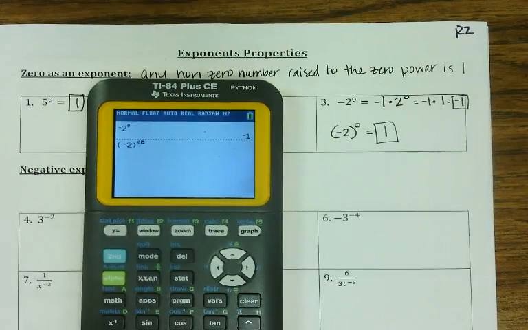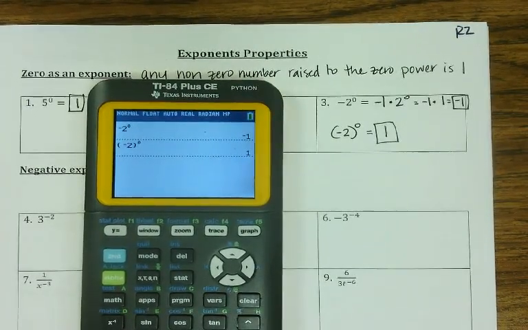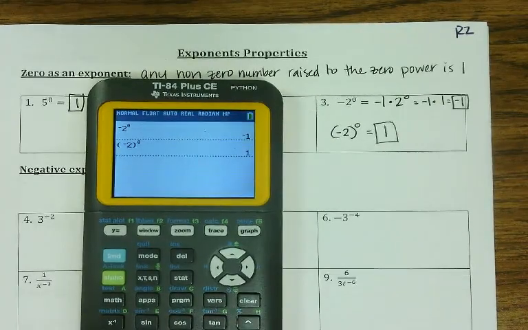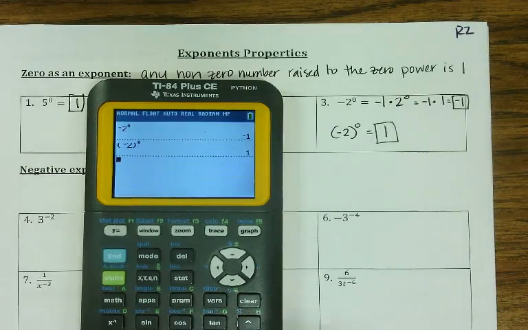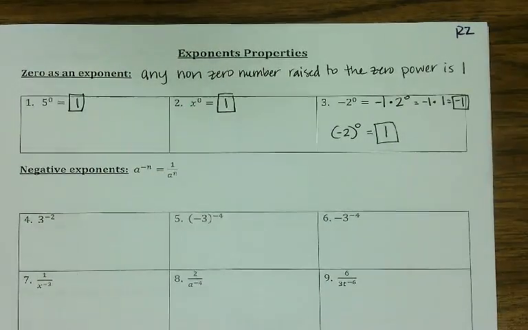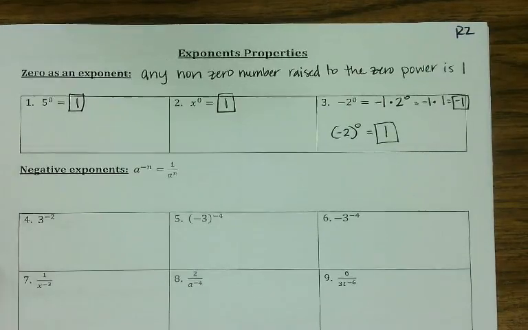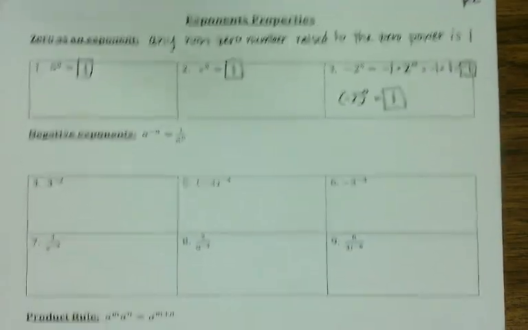But parenthesis negative 2 to the 0th power is a positive 1. All right, guys? So those are a little bit different. But basically, if you have a number and it's raised to the 0 power, it is equal to 1. Do y'all feel good about that? Awesome. It's kind of a lovely little simple rule.